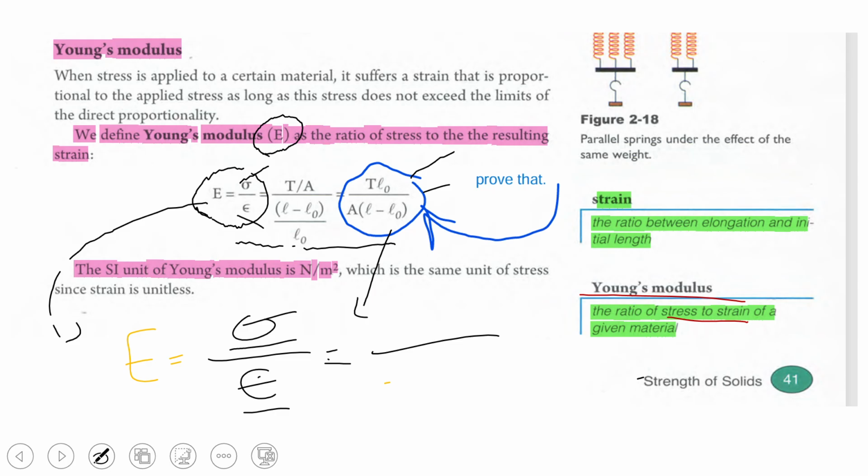We know the unit of tension T is Newton. The unit of the initial length L naught is meter. The unit of area is meter squared. And the unit of L minus L naught together is meter.